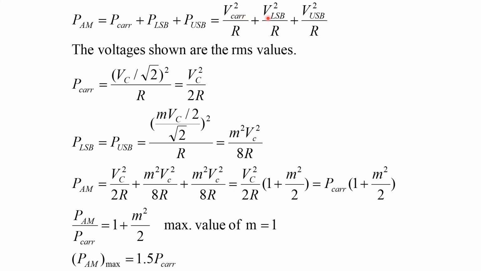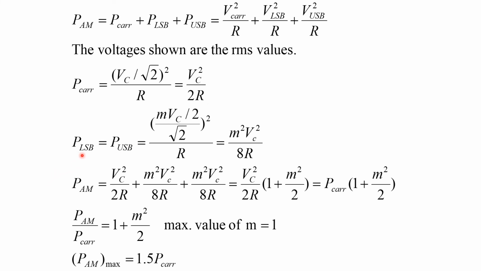Here VLSB and VUSB are the RMS values of the different components. We know that the RMS value of a particular wave is V divided by root 2. Therefore, the power contained inside the carrier is (Vc divided by root 2) whole squared divided by R, that is Vc squared divided by 2R.